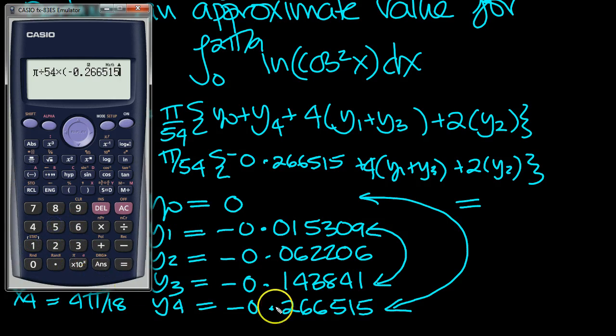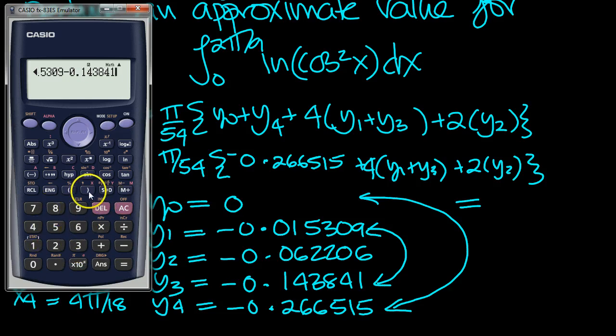And then plus 4 times bracket y1 plus y3: minus 0.015309 minus 0.143841.